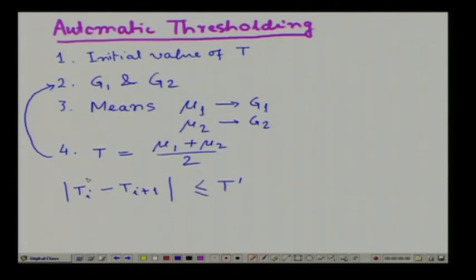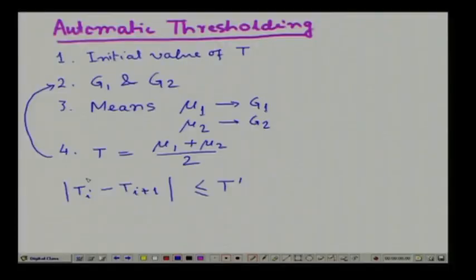So, here you find that we do not have to go to the histogram to choose the threshold. Rather, we choose some initial value of threshold, then go on modifying this threshold value iteratively. Finally, you converge, you come to a situation where in two subsequent iterations the value of the threshold does not change much.